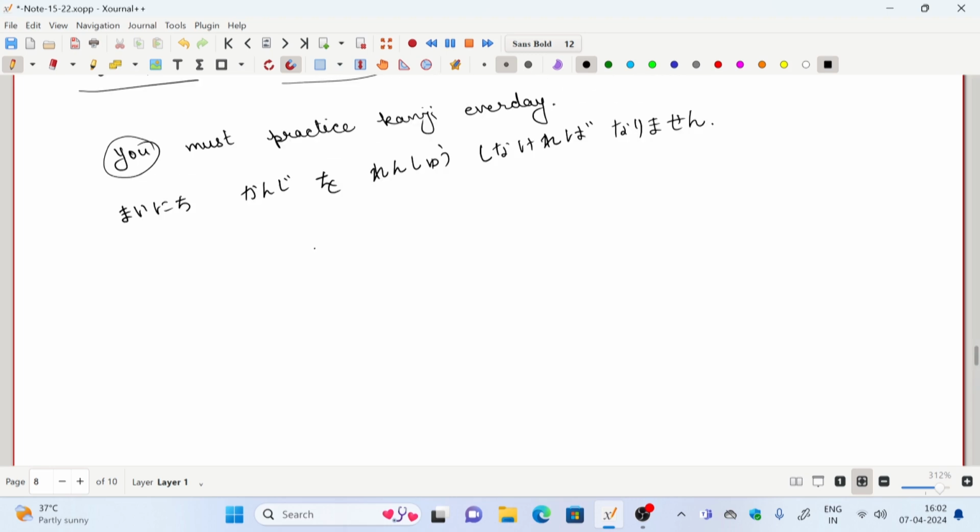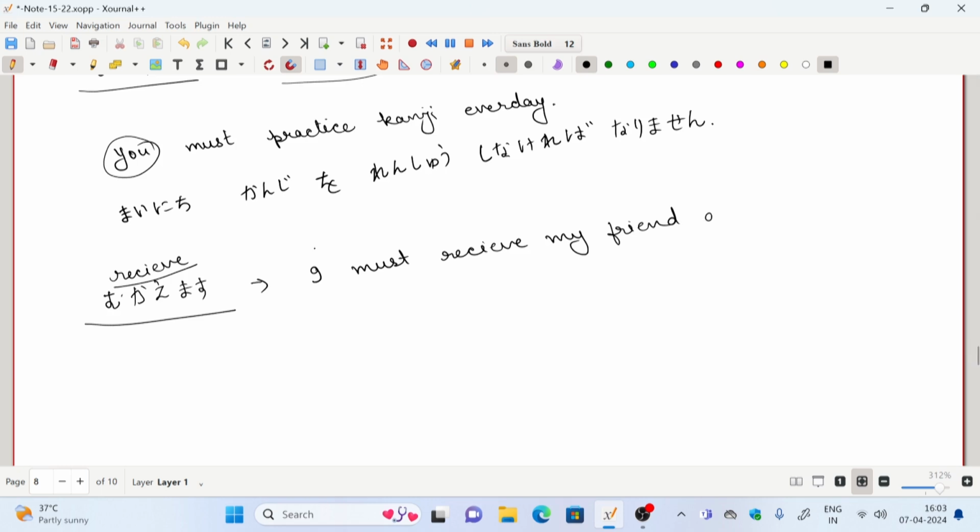Next, if we use a second group verb, maybe we can use mukaemasu. Mukaemasu means to receive. So I must receive my friend at the airport.